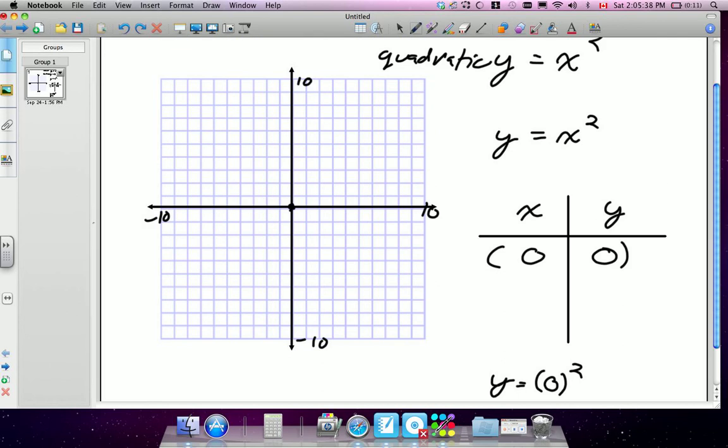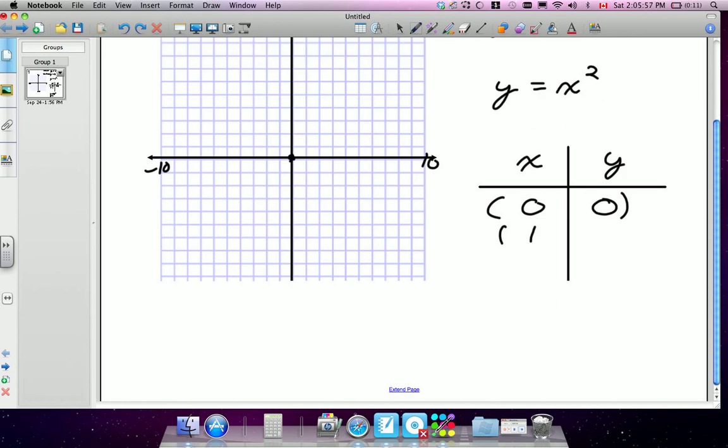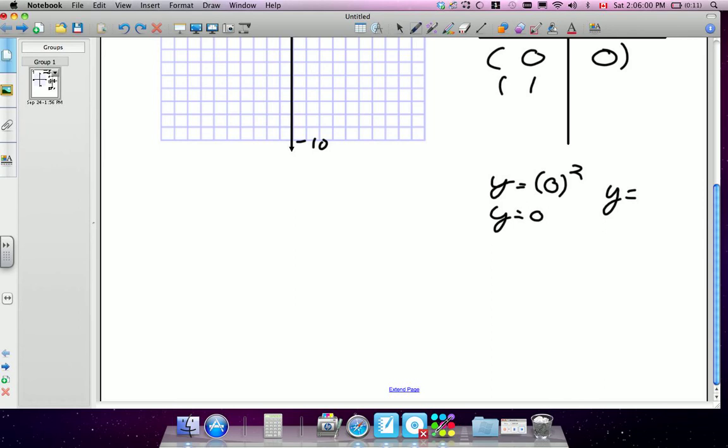Now say I wanted to find the value along x when it's 1. There's going to be some point up and down this graph when x is 1. I have to find out the y value. So in order to do that, I put the number 1 in for x. Y is equal to 1 squared, which is 1.